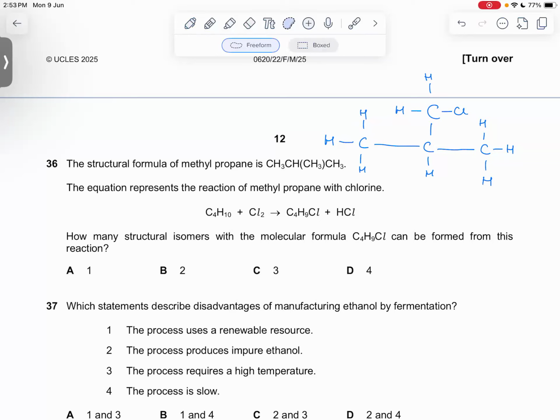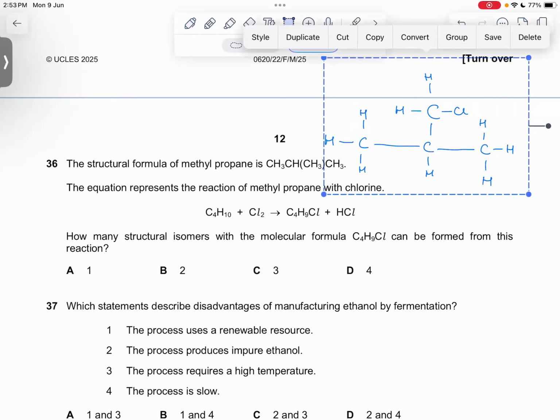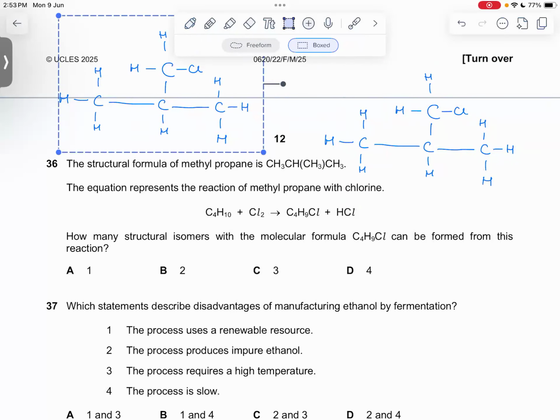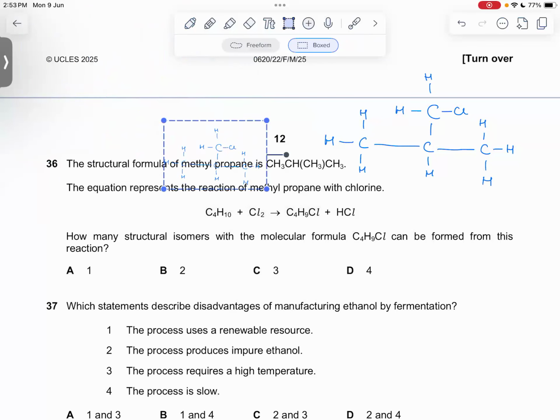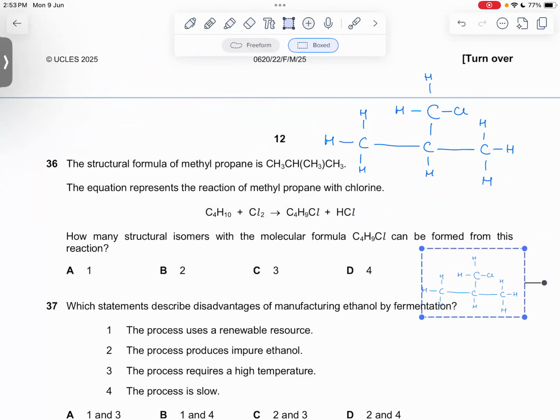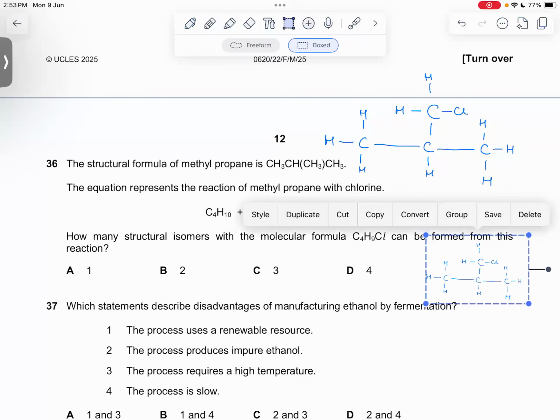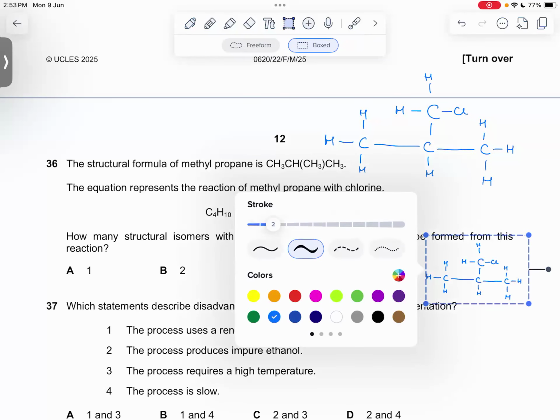Then we can just duplicate and minimize it, make it small, bring it over here, and make it a little bolder.